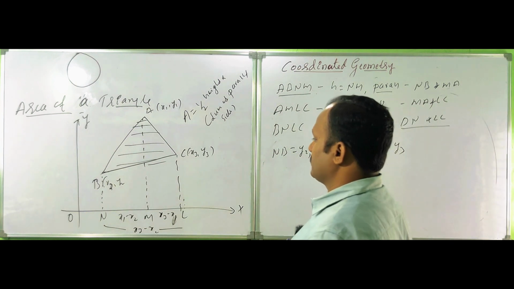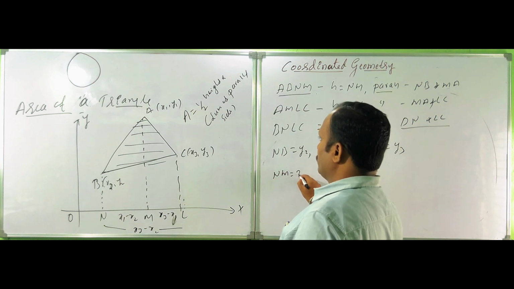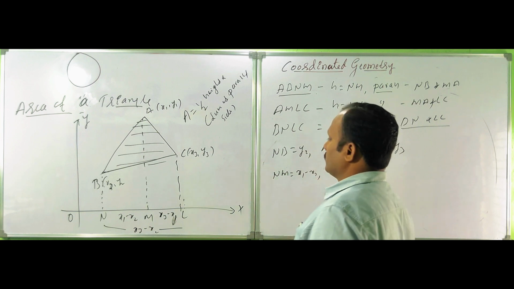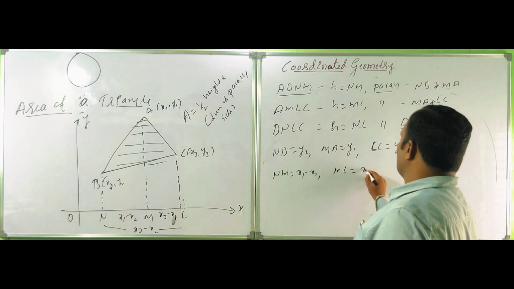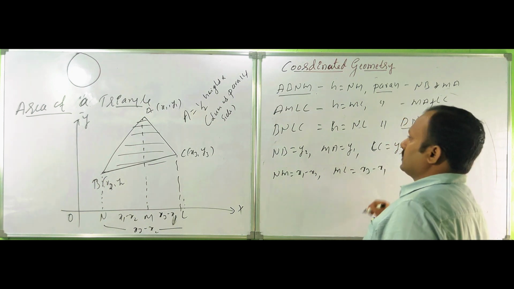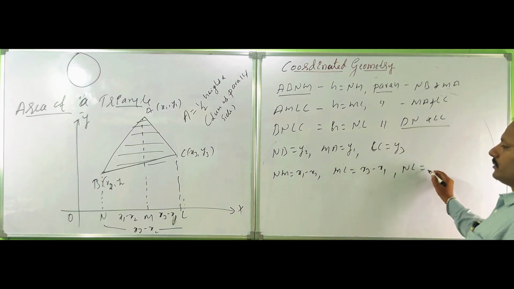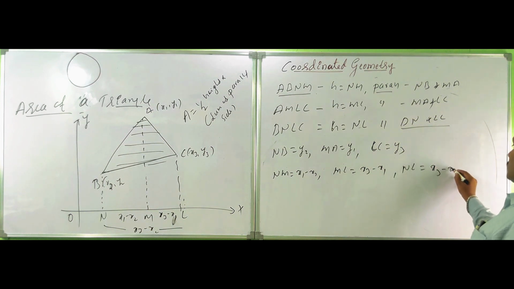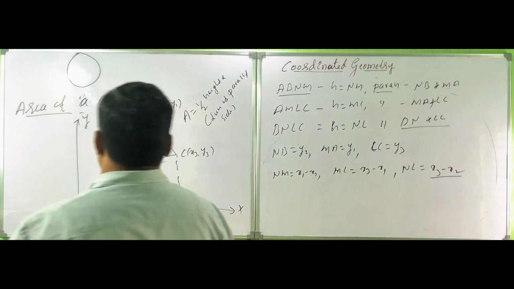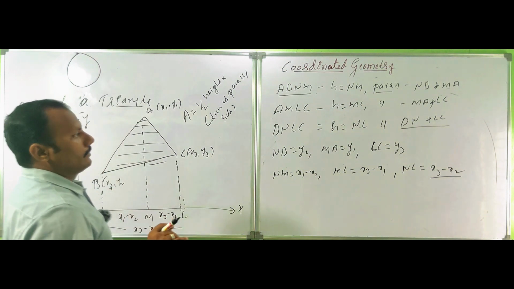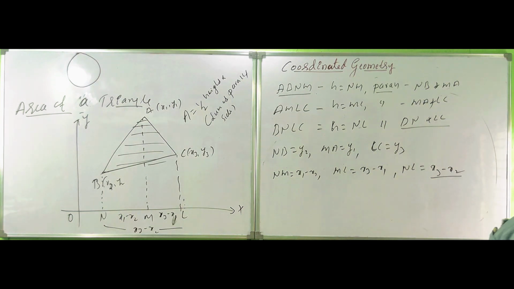Similarly, NM is equal to x1 minus x2, and ML is equal to x3 minus x1, and NL is equal to x3 minus x2. These are assumptions only, sir. Our motto is the trapezium area: one-half into the height into the sum of the parallel sides.